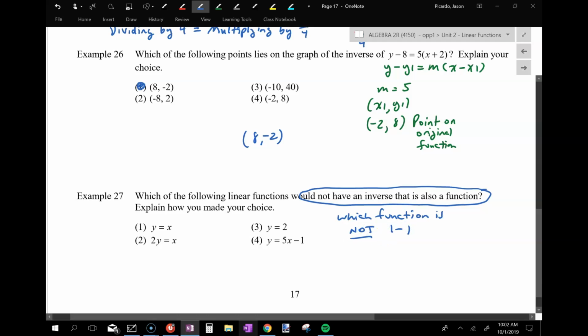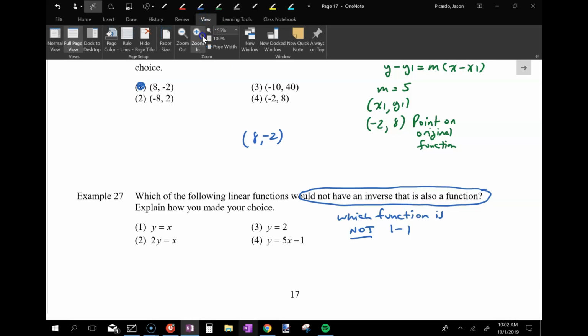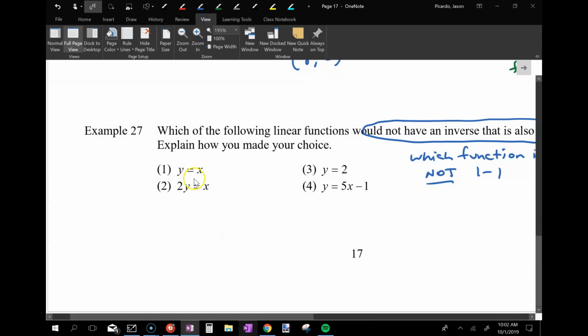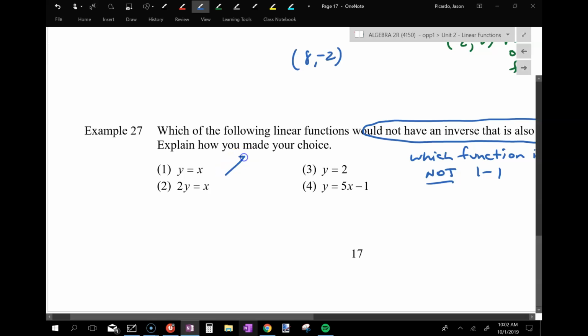Well, guys, choice 1, y equals x. Isn't that just a positively sloped line? Okay. Do you guys agree here I could divide by 2 and get y equals 1/2 of x? And isn't that just a positively sloped line? And here I have y equals 2. Y equals 2 is a line that looks like that.